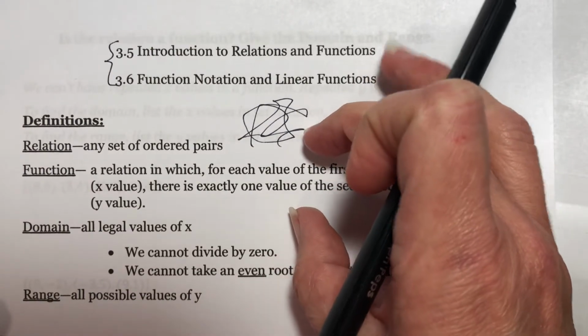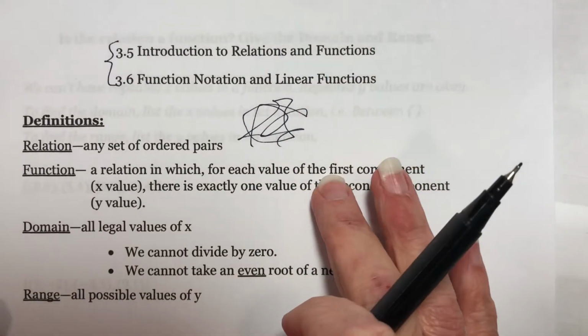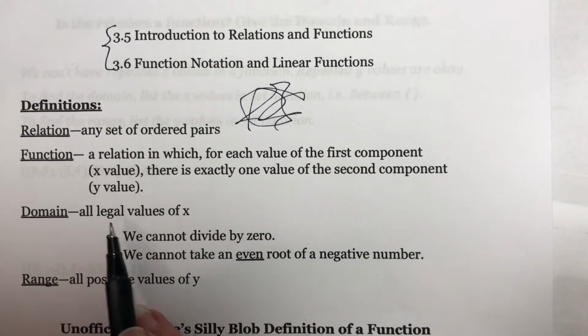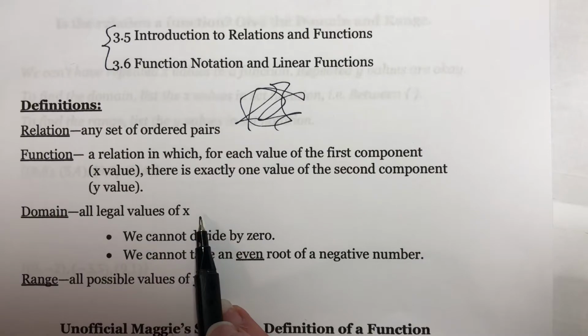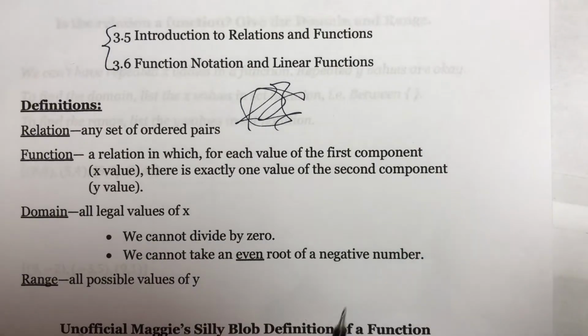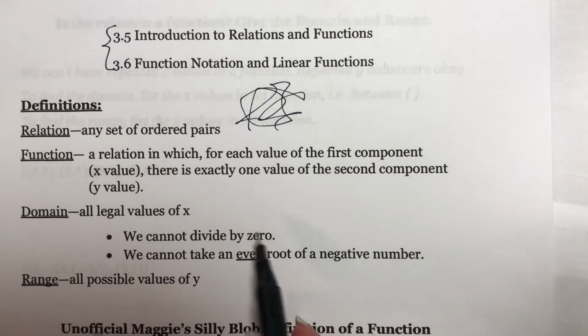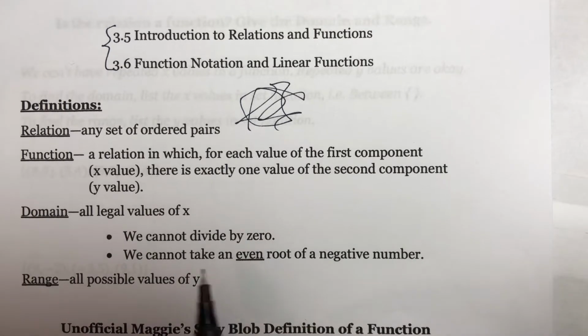We need a couple more definitions before we can start explaining this. Domain is all legal values of x. Now, in this class, there are two things we have to worry about. We cannot divide by 0, so I can't plug in a number that gives me a 0 in a denominator. That would not be in the domain. And we cannot take an even root of a negative number.